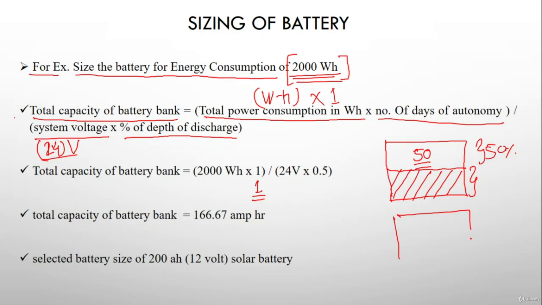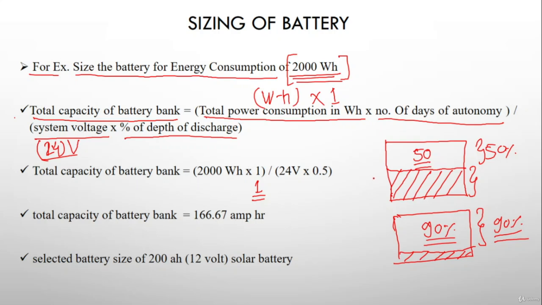Whenever we utilize the power from the battery up to 90%, only 10% remains in the battery and the rest, 90%, we take out for the consumer's consumption. Then we can take the depth of discharge as 90%.